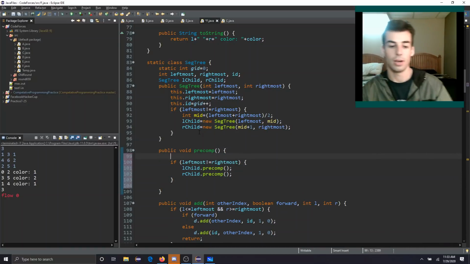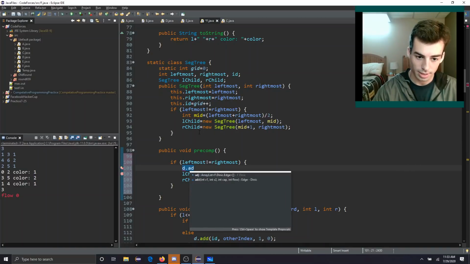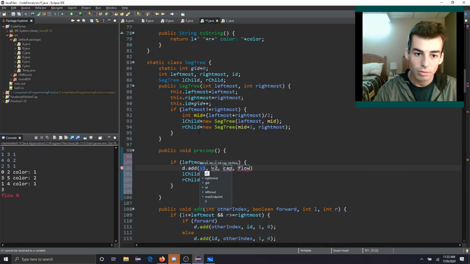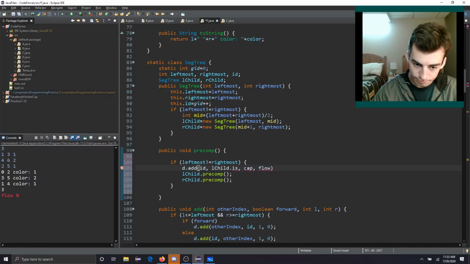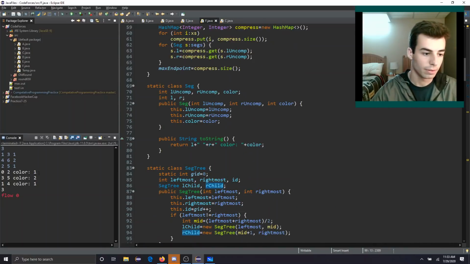Okay, and now we also want to do d.add edge from id to lchild.id, infinity, flow 0, and to rchild id, flow 0.